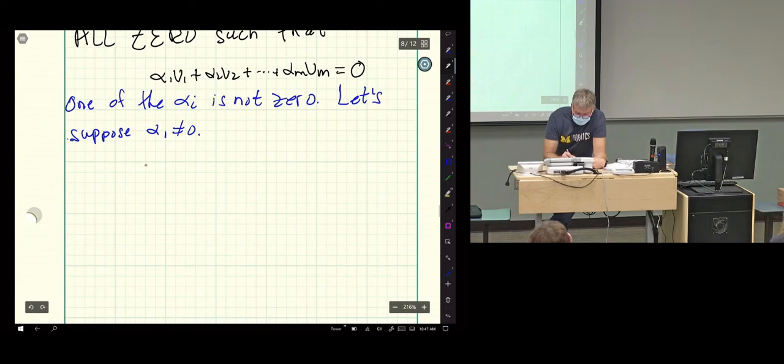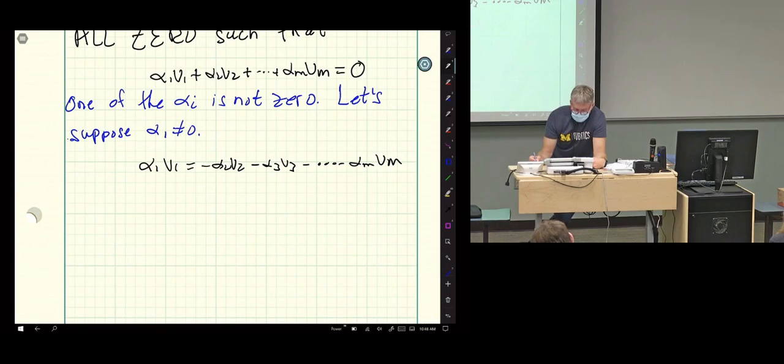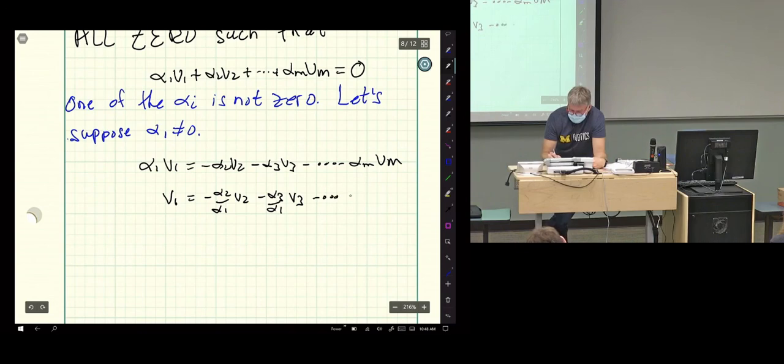Okay, well, then I can write alpha 1 times v1 is minus alpha 2 times v2 minus alpha 3 times v3 minus ... alpha m times vm. And then I can divide by alpha 1 because it's not equal to 0. And I get alpha 2 over alpha 1 times v2 minus ... alpha m over alpha 1 times vm.